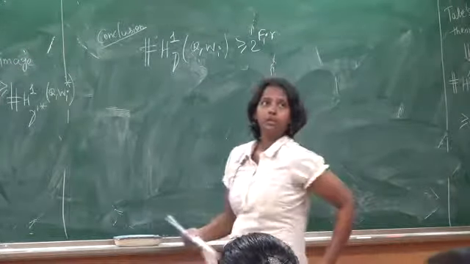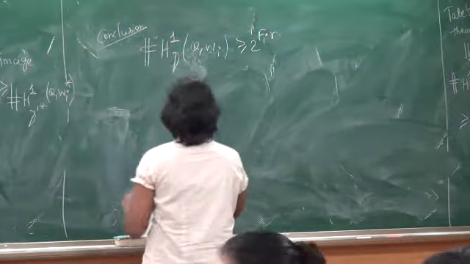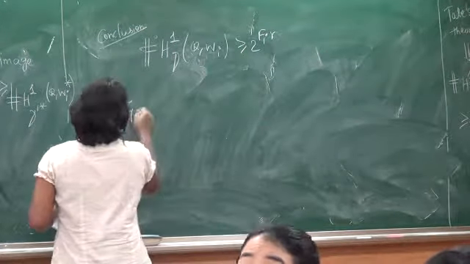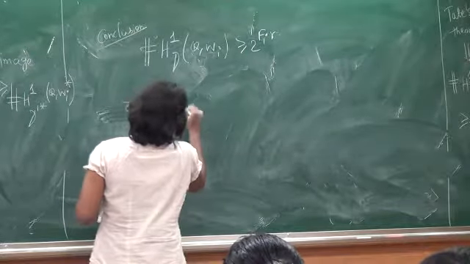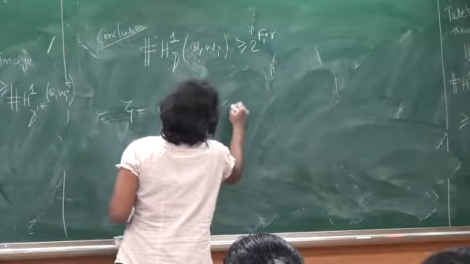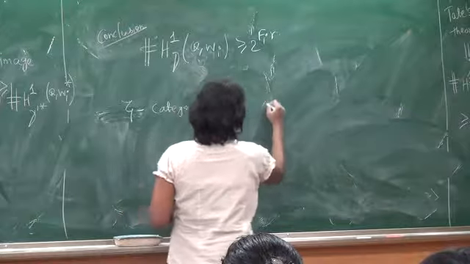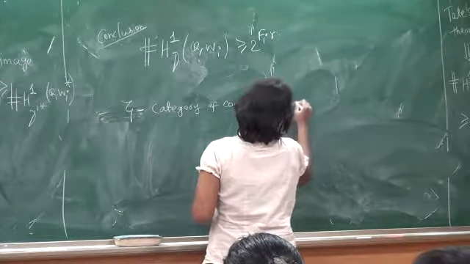Okay, now in 5 more minutes I will define the category. C is the category of complete Noetherian local rings.